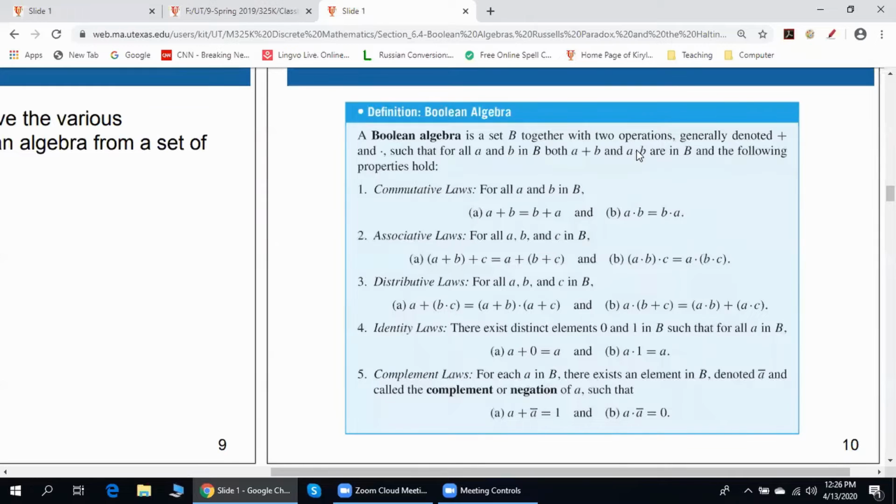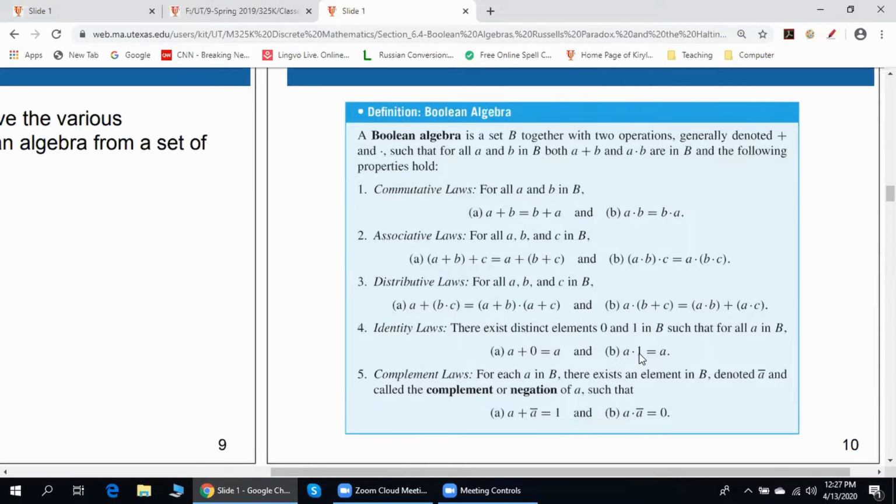Operation number 2, is it union or intersection? Intersection. May I ask a question? This symbol, 0 in sets, means what? Null set. How about this symbol, 1, in sets?